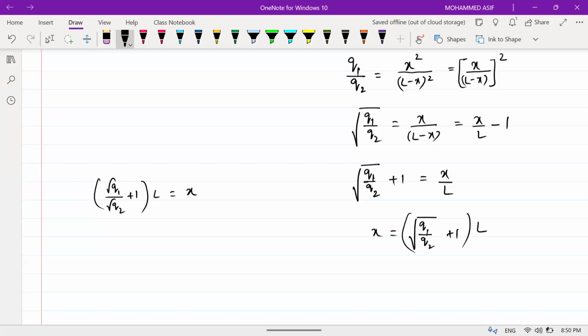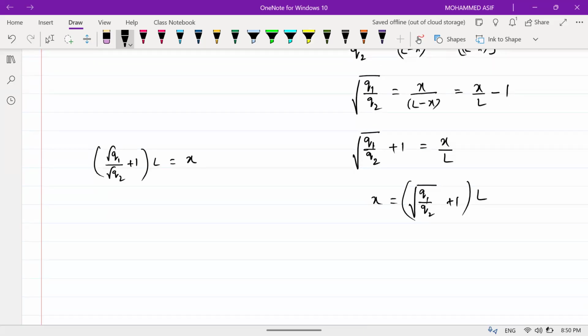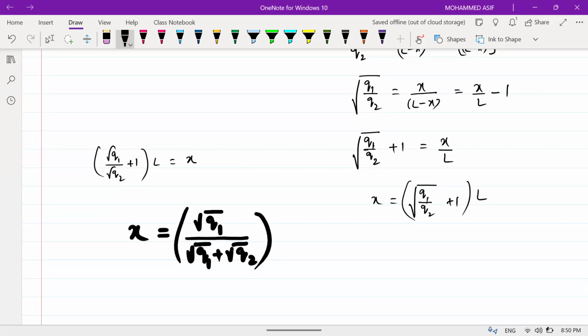I'll rewrite like this and make a shortcut formula. x is also equal to root of Q1 divided by root of Q1 plus root of Q2, multiplied by L. Can I write like this? Yes, sir. We will be getting the same formula.